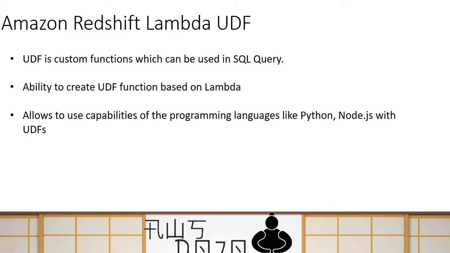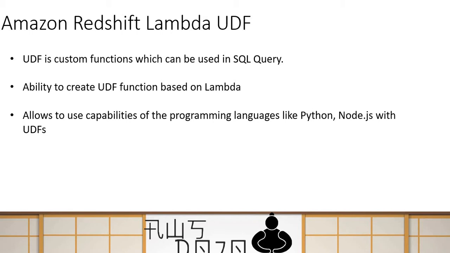And these functions you can use in the select part of the query and also in the where clause of the query. And with this support of Lambda function for UDF, now you can define the whole business logic for the function in the Lambda function, and then use this Lambda function to create a user-defined function, and then you can use the user-defined function in your query.